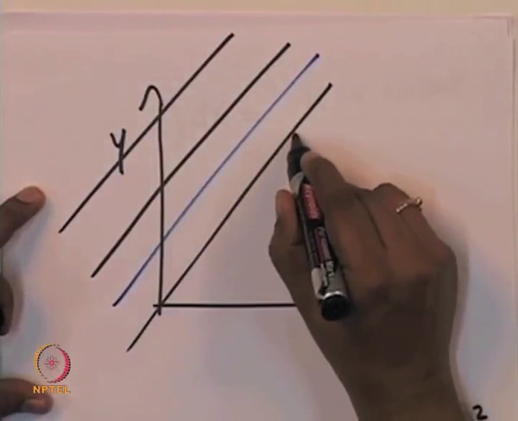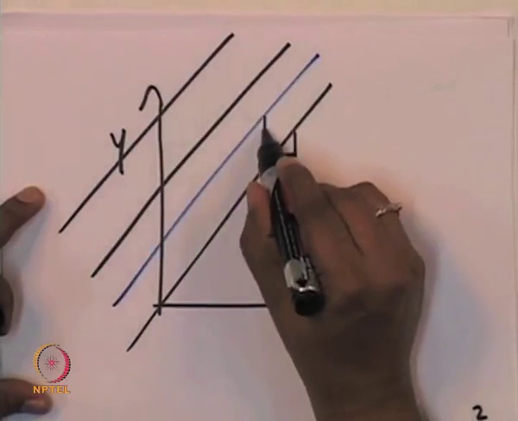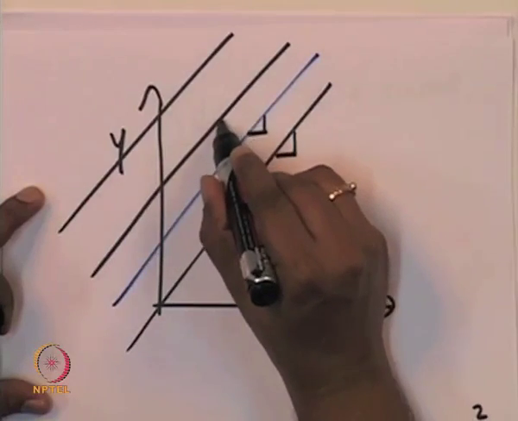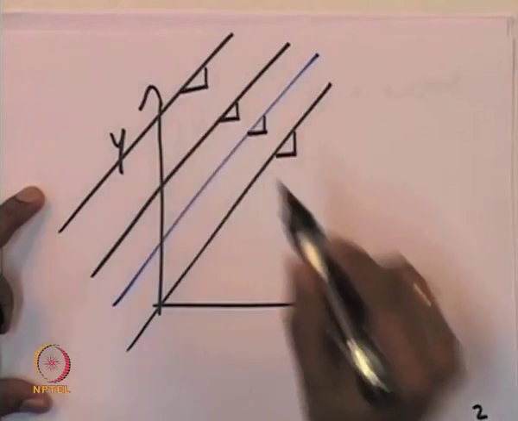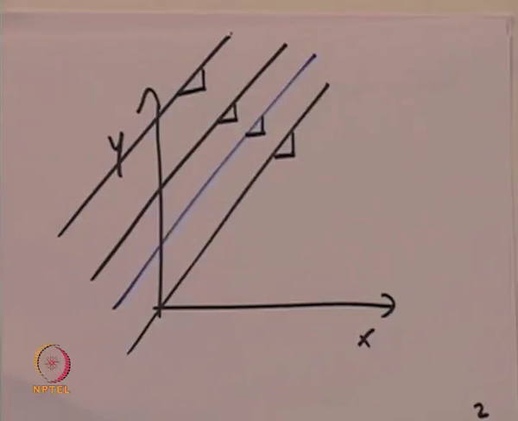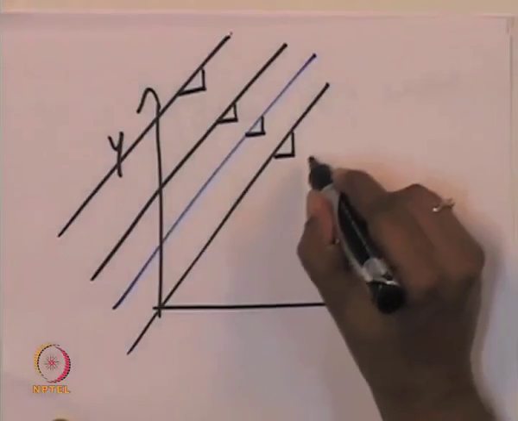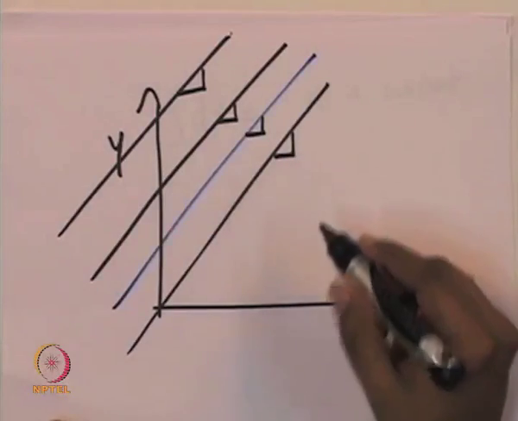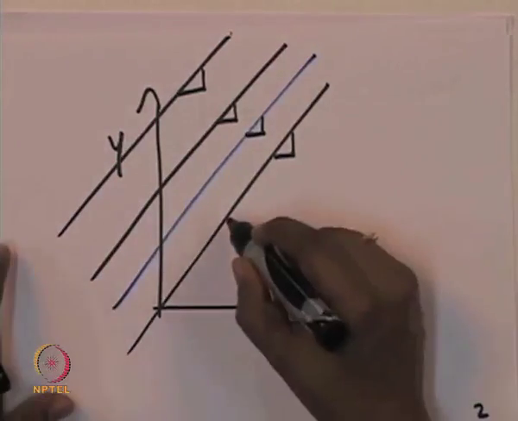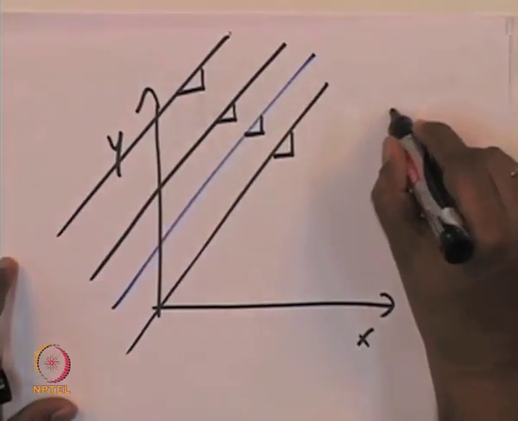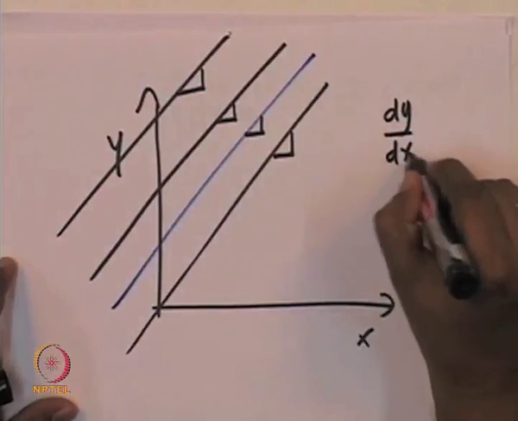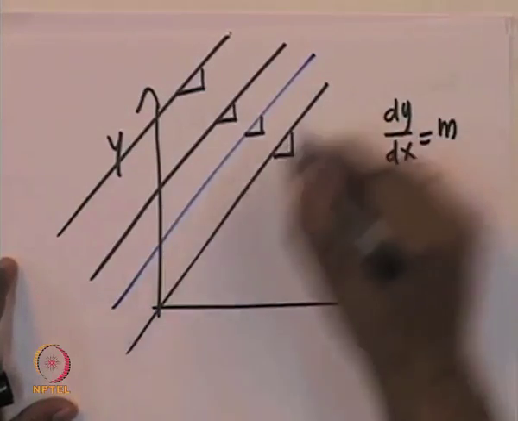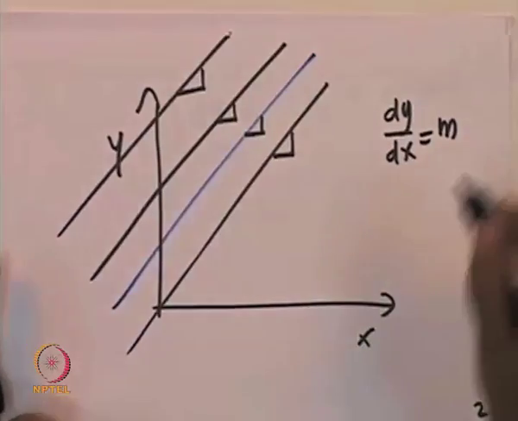We only know about the slope, and all of these have the same slope. So, slope is equal to m. Each of these curves will have a derivative dy by dx equal to m.